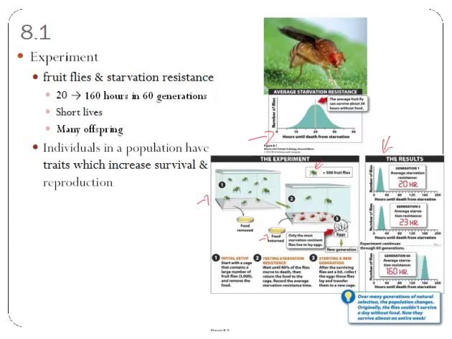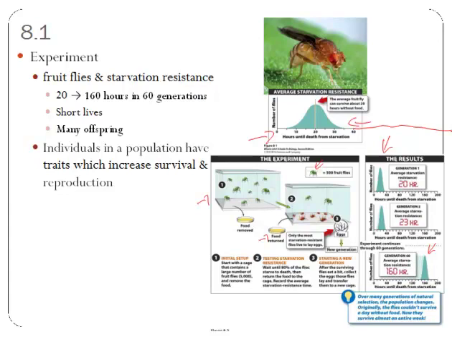After 60 generations, the average survival time for fruit flies with starvation was 160 hours, which was way beyond this original curve. So it's clear out here somewhere at 160 hours. That shows evolution, a genetic change over time that allowed those fruit flies to survive longer and longer time periods without food.